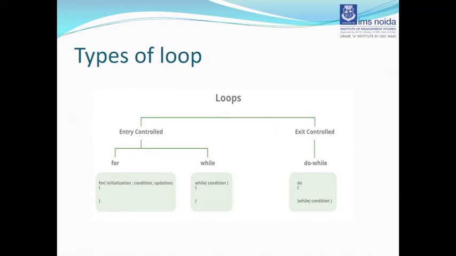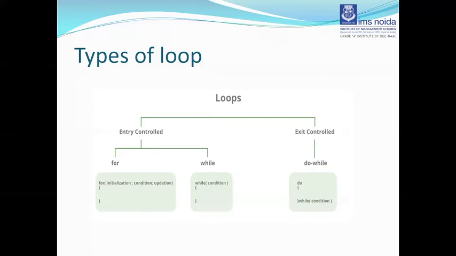But if the pass is not okay, you cannot enter. That type of party will be called entry controlled. In such loops, the condition is checked only at entry. If the condition is true, you can enter inside the loop and execute those statements. But if the condition is not true, you cannot enter inside the loop. So these are called entry control.